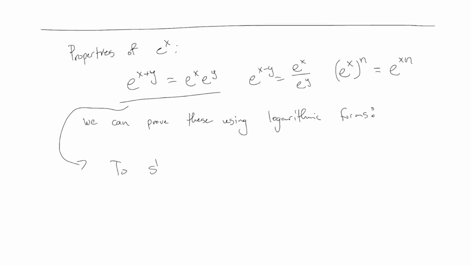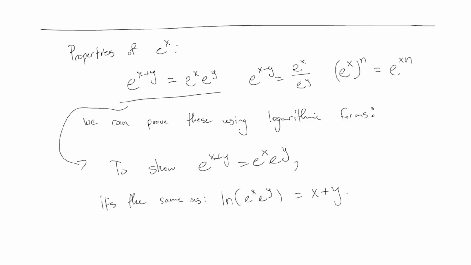So to show e^(x+y) = e^x e^y, well, this is the same as, and this is a little weird, so this is in exponential format, e to something equals some other stuff. I'm going to write it instead in the logarithmic format, which will say log of this equals x + y. ln(e^x e^y) = x + y, right?